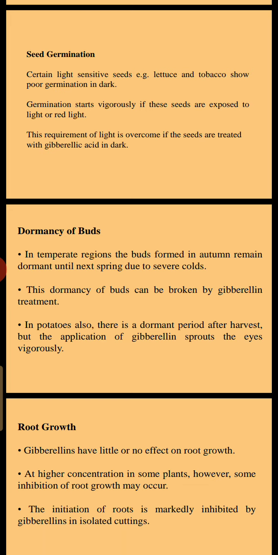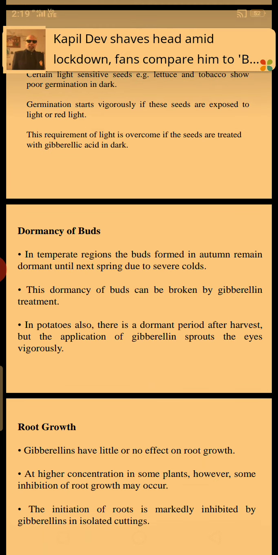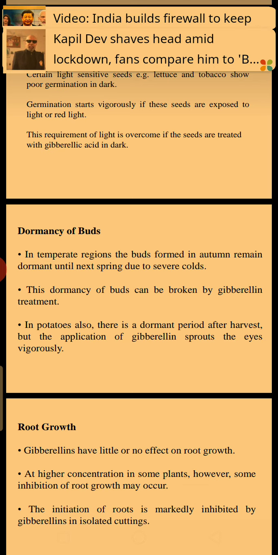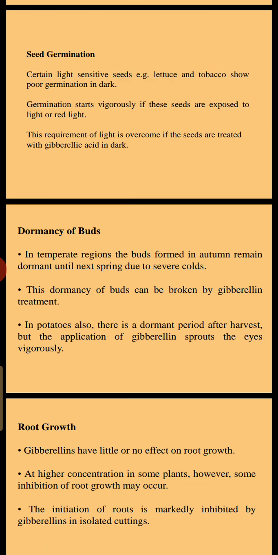So during that period, if you want to enhance productivity, or the growth and development of the plant, then you have to consider the role of gibberellic acid in breaking dormancy.